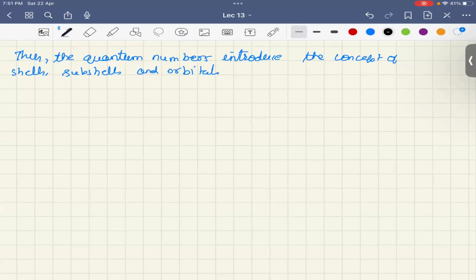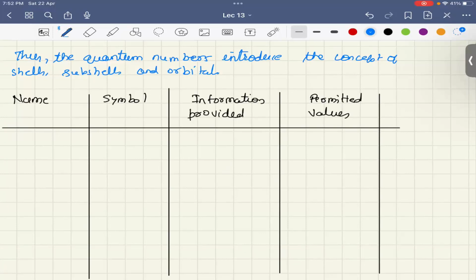So let us draw a table: symbol, information provided, and permitted values. The first is the principal quantum number, which has a symbol of n, which gives the information about shell, and its permitted values are like this.